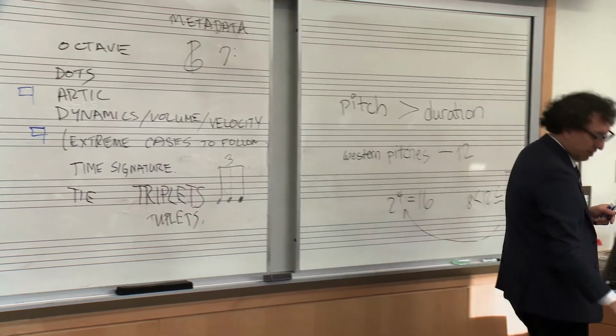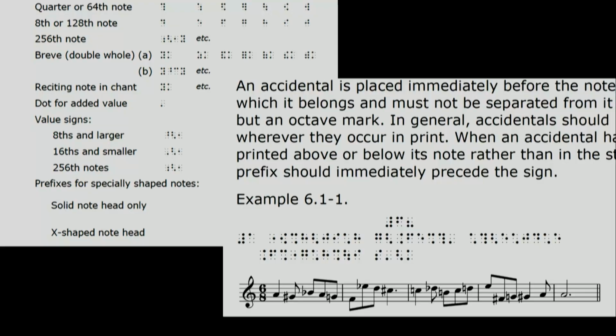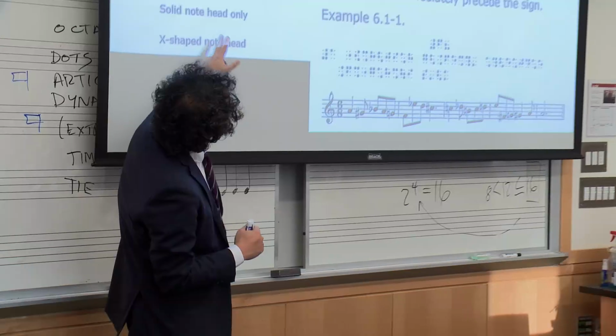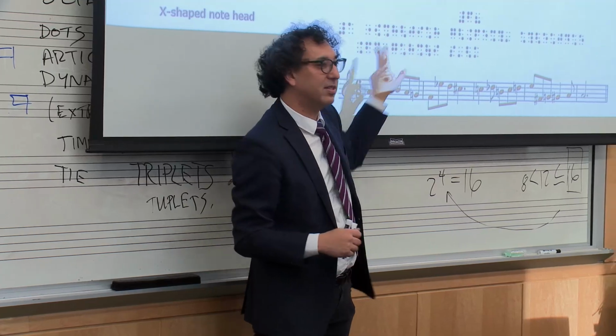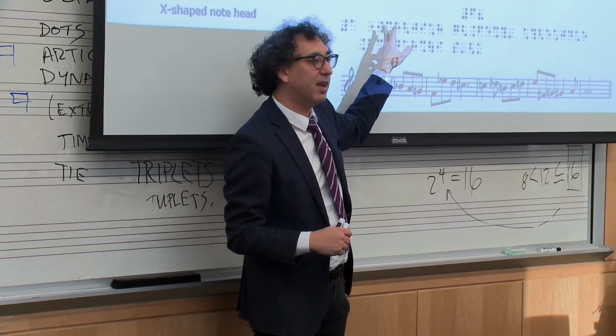And so here's some examples, by the way, of how the Braille code uses an average of 1 byte, or 1 cell, 6 bits, but allows for other things. If we have accidentals, we can add particular marks to say there's going to be something else coming next.